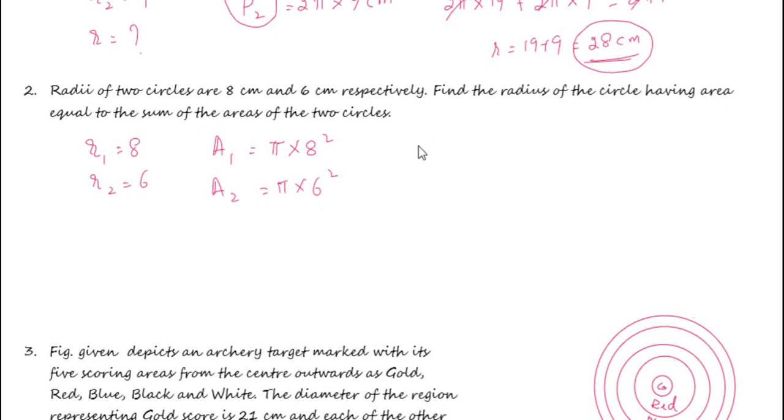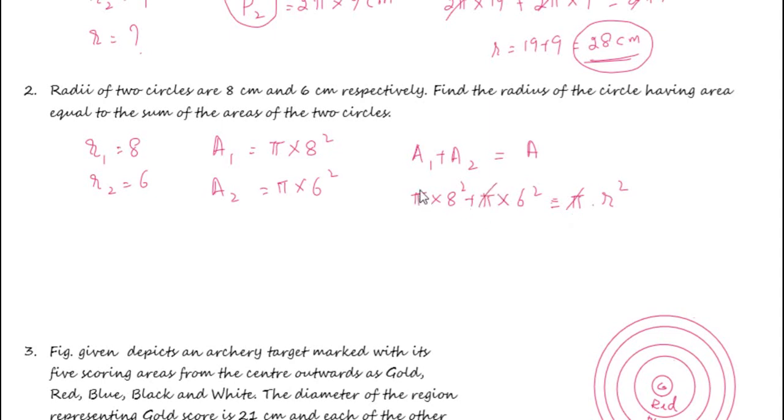That means A1 plus A2 is the area of the new circle, that is pi into 8 square plus pi into 6 square is the area of the new circle, that is pi r square, where we need to find out r.